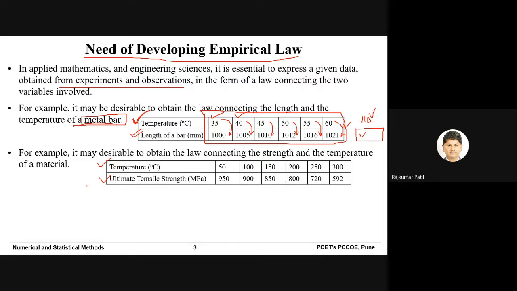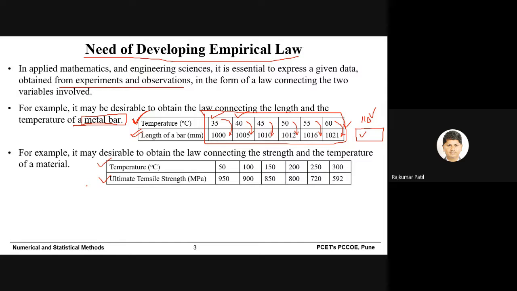It was in minus. And we know that when a ductile material is subjected to minus temperature, it will behave like a brittle material, so the strength of the material decreases. Take another example: if we increase the temperature of the material, what will happen? Again, the strength of the material decreases.